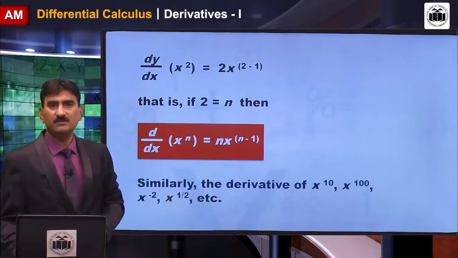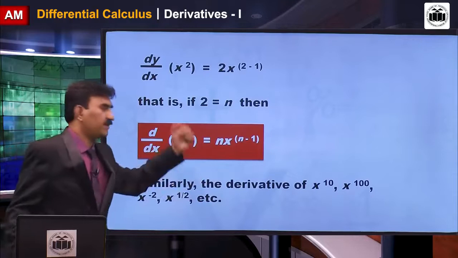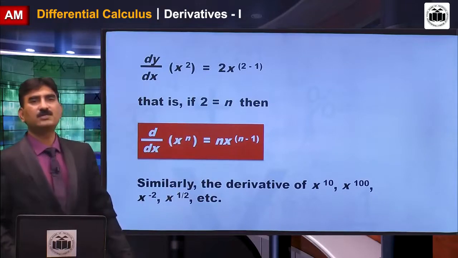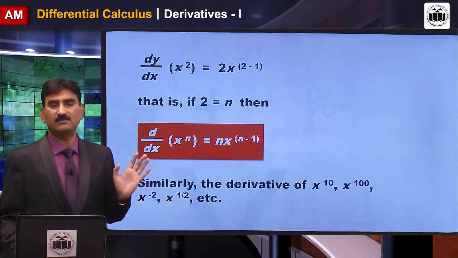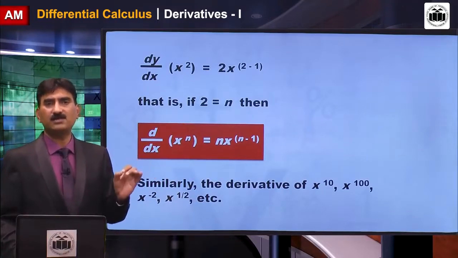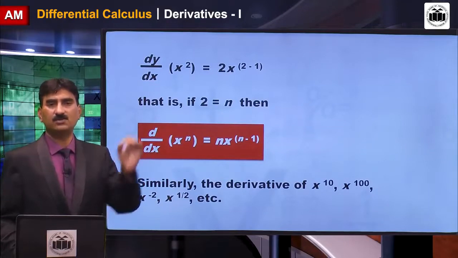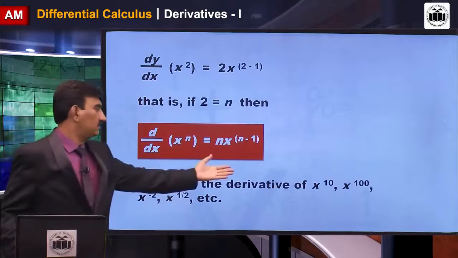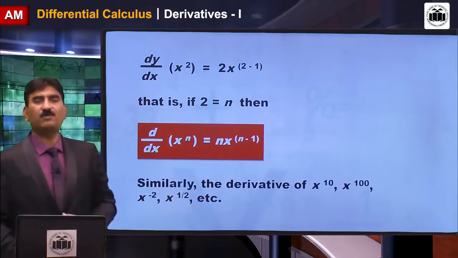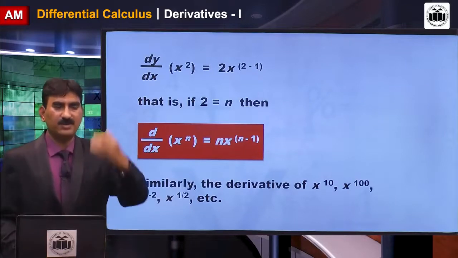For example, let's take some examples. Derivative of x raised to 10. What is the derivative of x raised to 10? Now instead of n, you substitute 10. So 10 into x raised to 10 minus 1, that means you will get 10 into x raised to 9. Now I am asking you another question. Tell me, what is the derivative of x raised to 100?